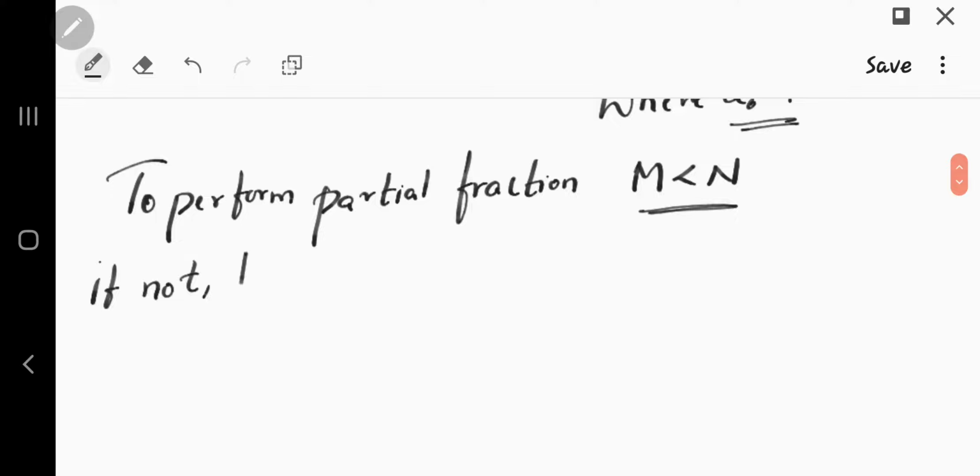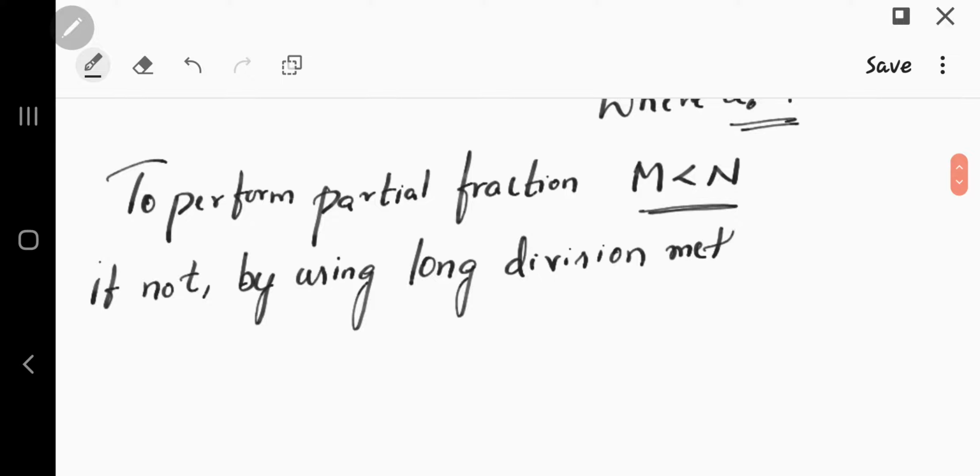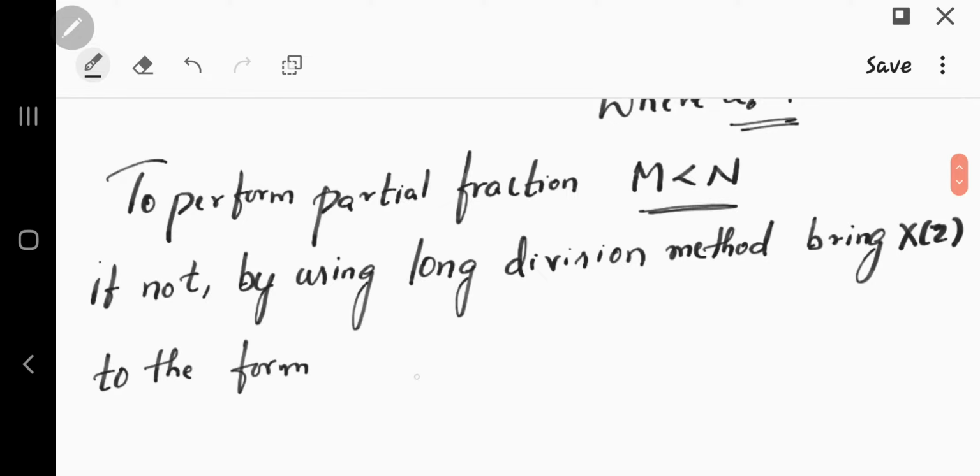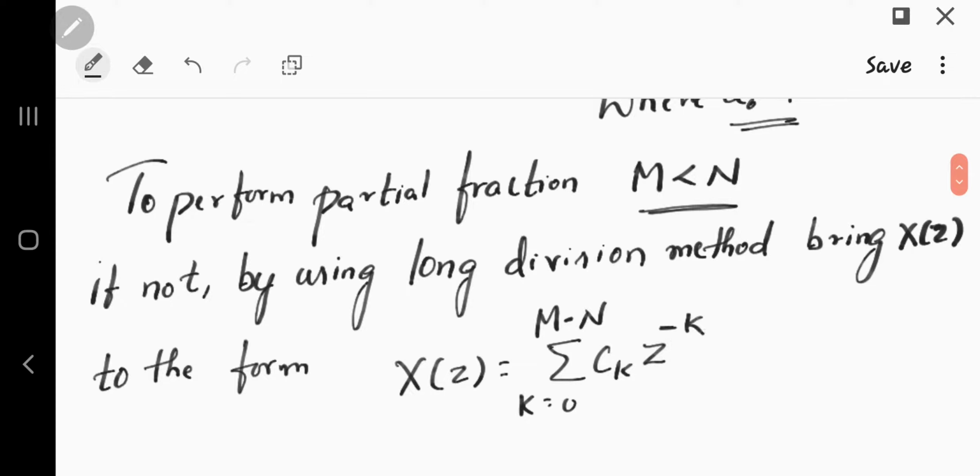If this condition is not satisfied, by using the long division method, we have to bring this x of z to the form x of z is equal to summation k varying from 0 to m minus n of c k z to the power of minus k plus b bar z divided by a of z.